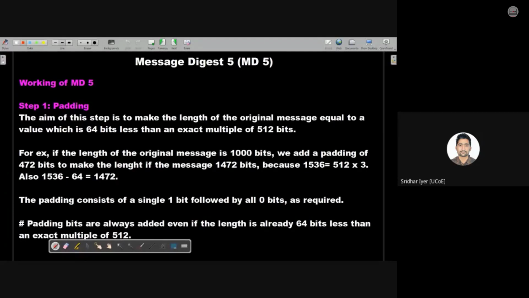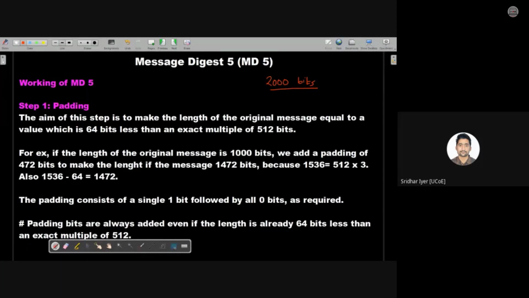Now you tell me: if I'm having a plain text of 2000 bits, how many blocks will I need? A simple, straightforward question. Three or four? I have a plain text of 2000 bits. How many blocks do I need?